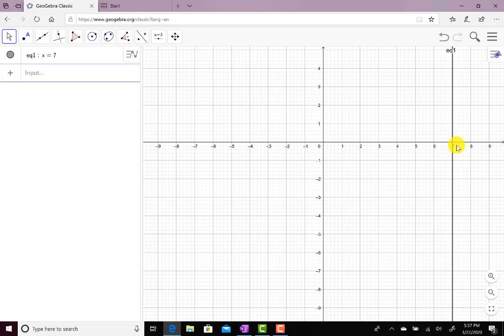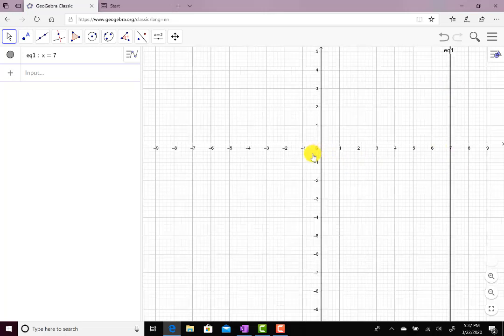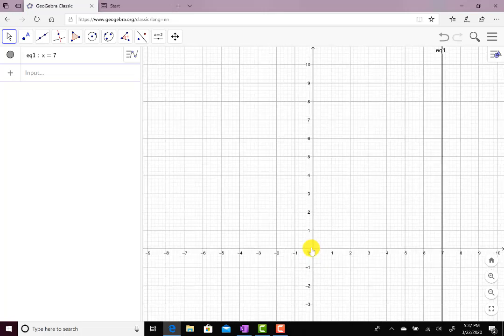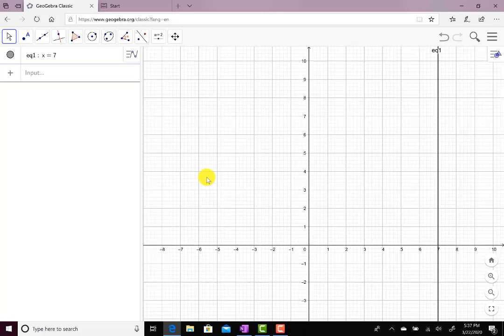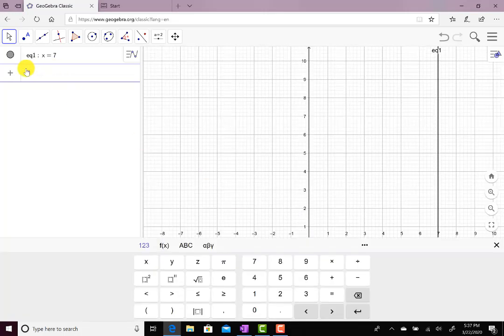Remember, it's a vertical line. While I'm here, knowing what's coming next, I'm going to drag this down a little bit. And for the second equation, let me put y equals 9. You see this? See where they crossed right there? The point that they cross at is when x equals 7 and y is equal to 9.